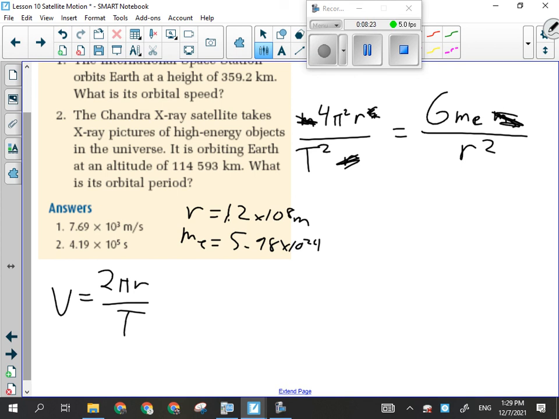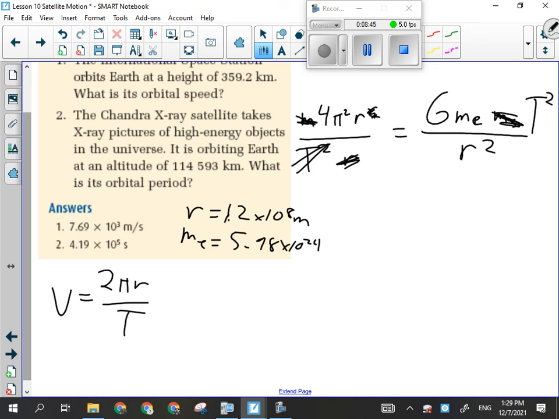So I want to find the orbital period, so I'm looking for t squared. I can't solve for t squared on the bottom, so I'm going to move it over to the top. Then I'm going to move everything else over to this side.